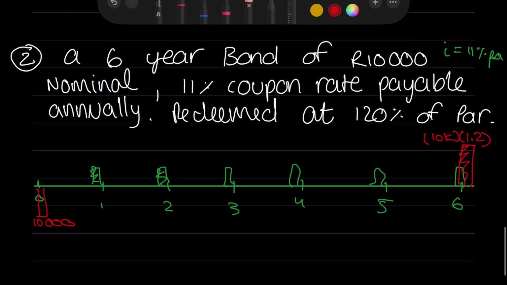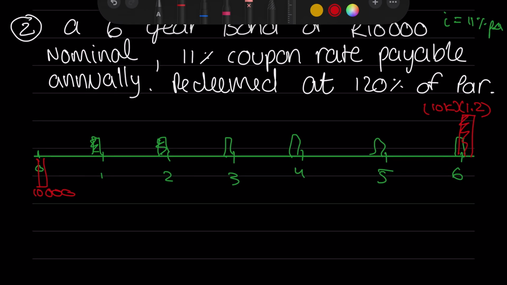product. So now when calculating the present value of this, what a coupon is, sorry, these little lines that are going up here, this is basically some sort of compensation that we're going to be receiving from the company because we lent them that 10,000. So this is a little bit of compensation. So let's calculate the present value. We'll start by calculating the present value of the redemption amount, which is this 10K times 1.2 at the end that I wrote there.